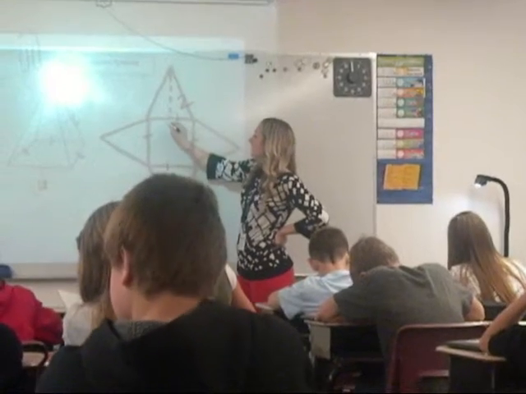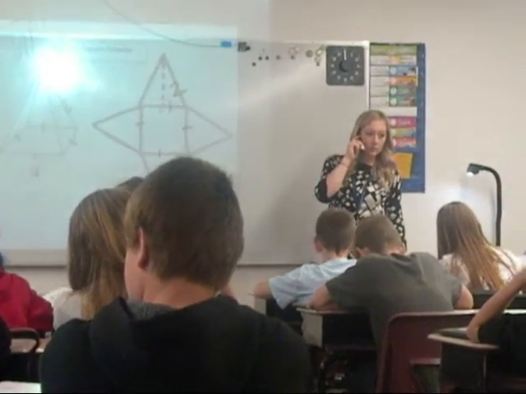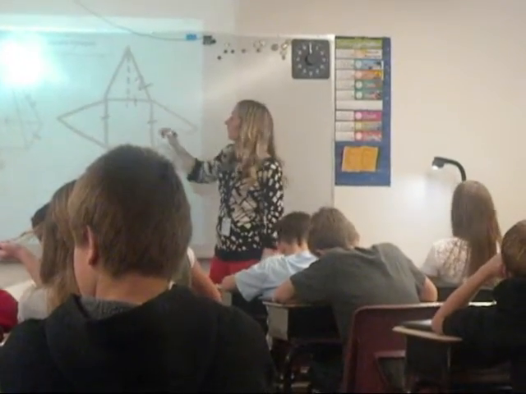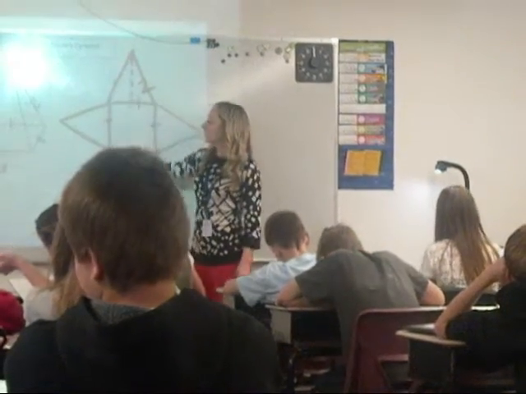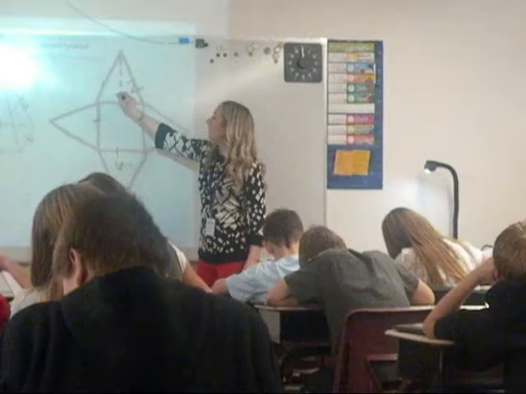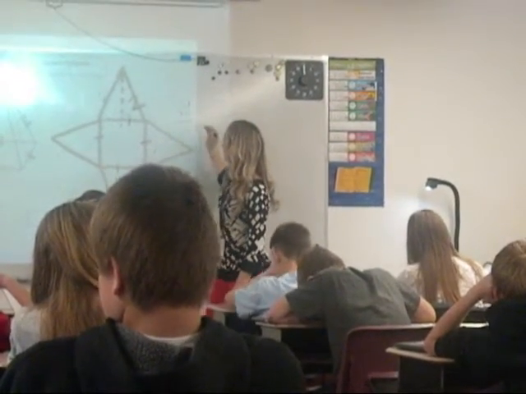Okay. So 6 times 2 is 12, but then you divided by 2 because it's a triangle, so it's 6. Then I times that by 4 because there's 4 separate triangles. So you did 6 times 4, which is 24.